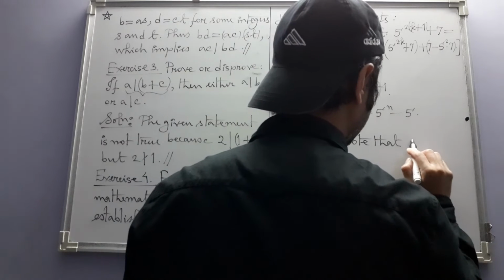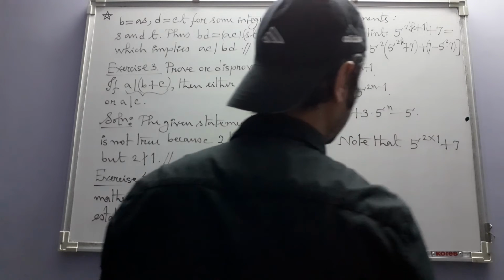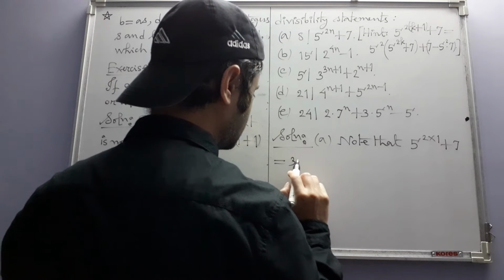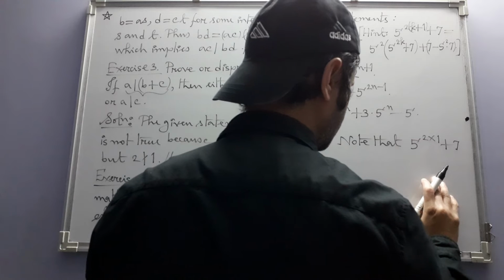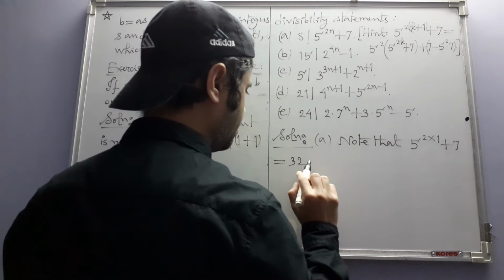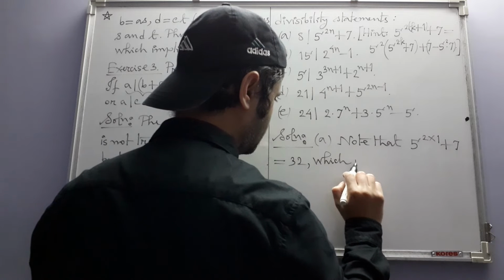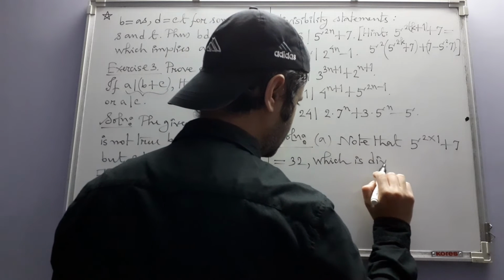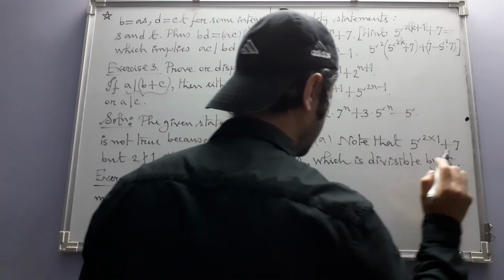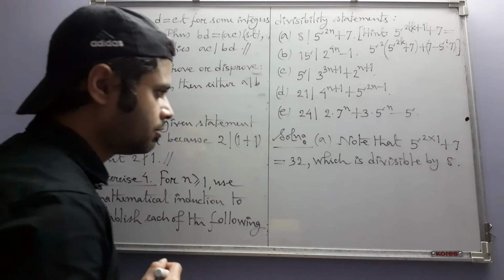So if we do that, which is divisible by 8. That means this given statement is true for n equal to 1.